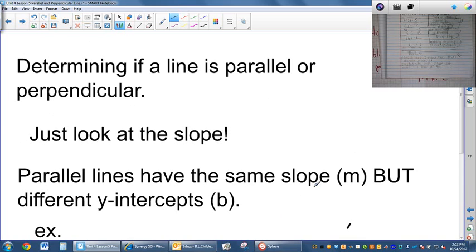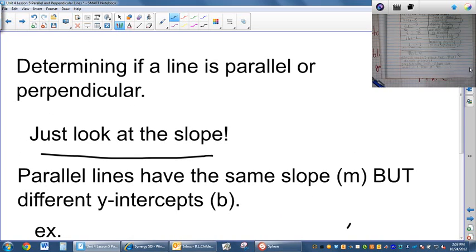So, how do we determine if a line is parallel or perpendicular? All we have to do is just look at the slope. Parallel lines have the same slope, but have different y-intercepts.